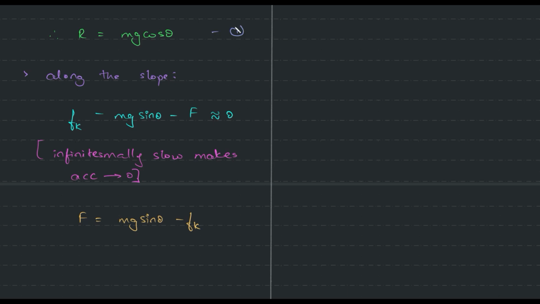You can substitute 1 in this expression, mg sine theta minus mu, coefficient of kinetic friction, and you have your R. So substituting R from 1, we have your force finally equal to mg times sine theta minus mu k cos theta. If you guys remember the other expression, this was plus. Is it not?